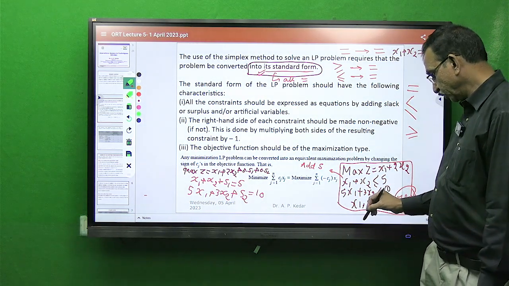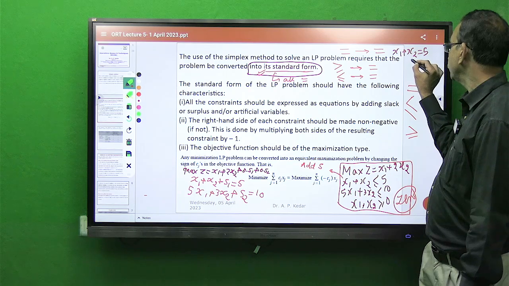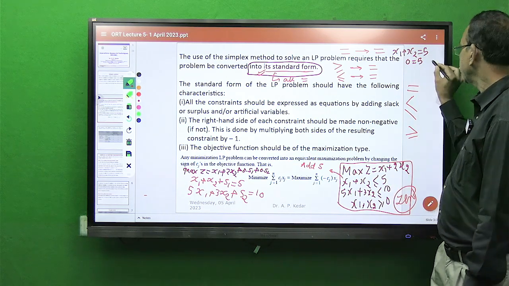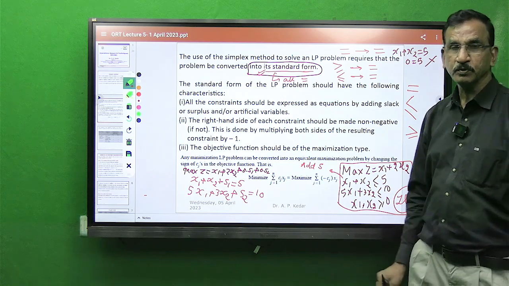Now if I put this condition as 0, this will lead to 0 is equal to 5. And mathematically this is wrong. 0 is not equal to 5.